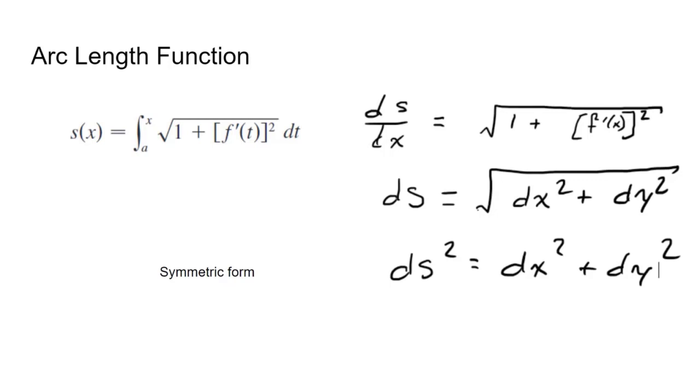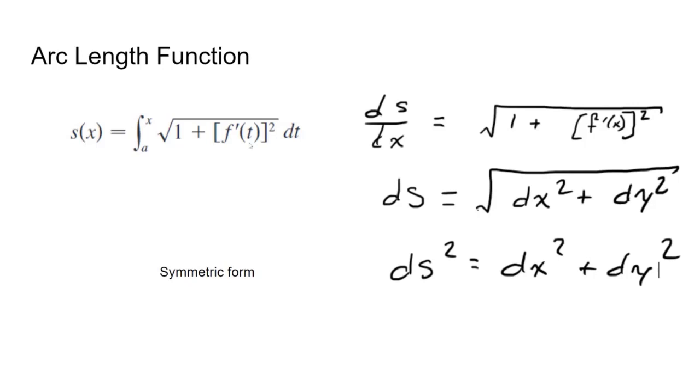This function is defined as the definite integral from a to some value x. So x is the variable that this function is in terms of. This s is a function of x, and the x comes in as the upper bound for the integral.